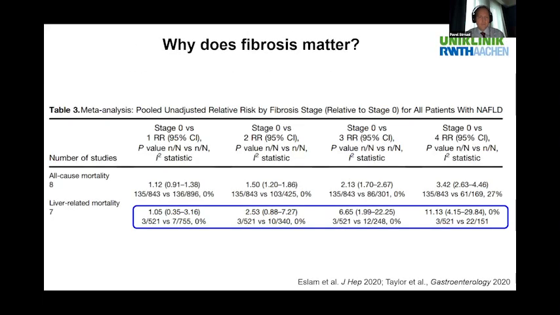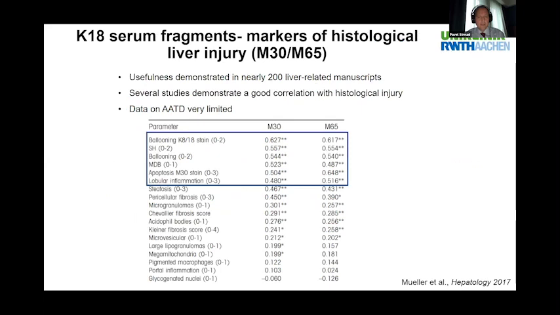I just wanted to mention another very well-known marker from outside of the Alpha-1 world, and these are cytokeratin 18 fragments. These have been evaluated in more than 200 liver-related manuscripts and show very nice correspondence to the liver histological findings, so to the liver inflammation and so on.